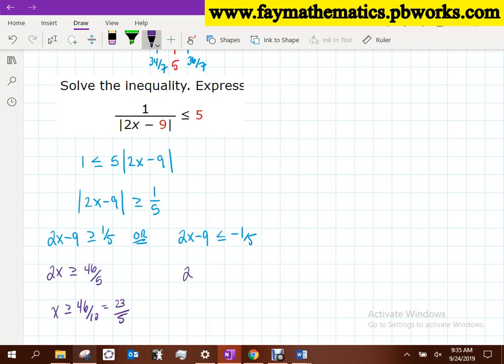Here, I'm going to get 2x less than or equal to 44/5. And then x will be less than or equal to 22/5, once I'm done multiplying by a half and reducing. Okay?